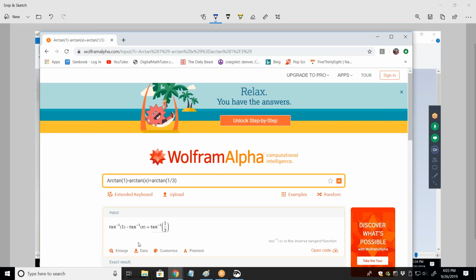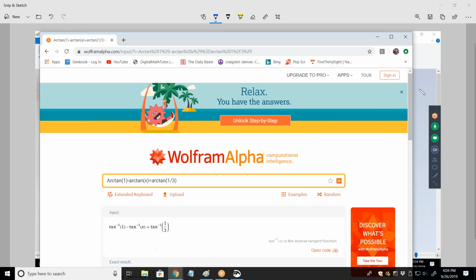When I first looked at this, I thought, can we take the tangent of both sides, which would leave us with 1 minus x equals 1/3, which would give you an answer of x equals 2/3. But you can't do that. I can certainly take the tangent of both sides, but apparently, when you take the tangent of the left side, you're not left with 1 minus x.